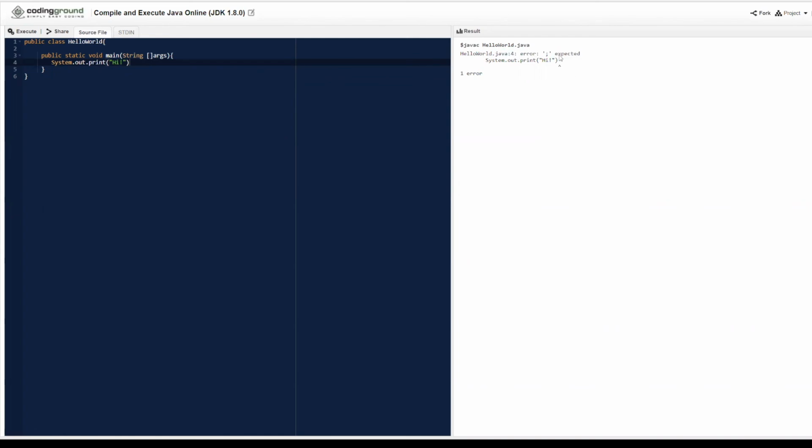So Java even tells you, oh, you need a semicolon, you need a period right here where the caret is. 4 is because it's on line 4. If you can see on here on the left side, it's 4, meaning it's on line 4. You need a semicolon. And when you hit that semicolon, you would have a normal output.